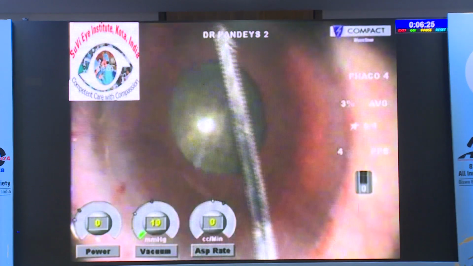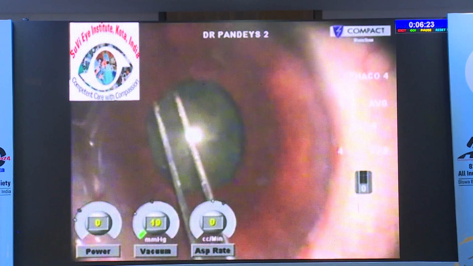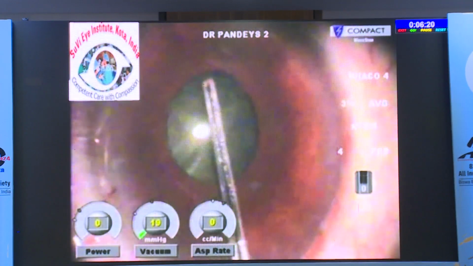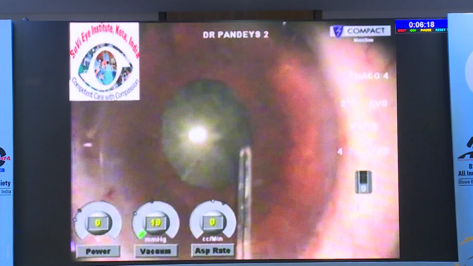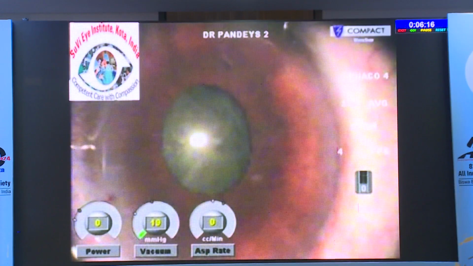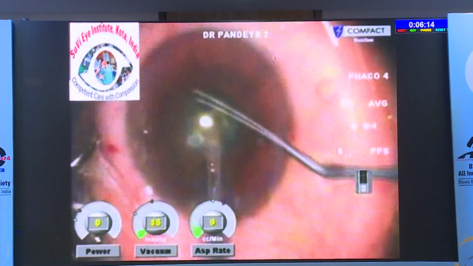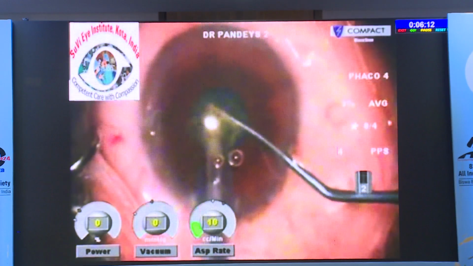An appropriate size rhexis is recommended, and in the case of small pupil we should go near the pupil margin so that the rhexis size is appropriate.